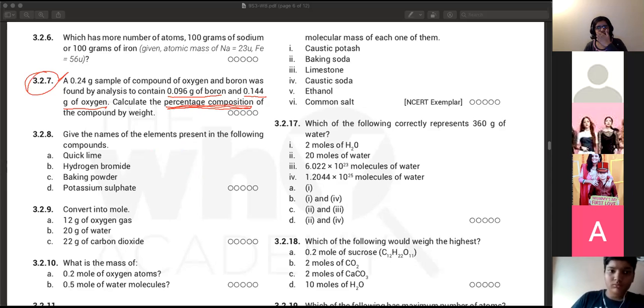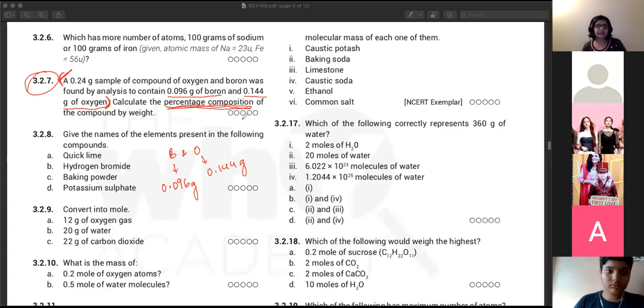Aditya, I'll directly speak to you. First, what is the meaning of the statement? What do you understand from the statement, from here to here? Okay, ma'am, that there is one compound of oxygen and boron, in which boron is 0.096 grams and oxygen is 0.144 grams.